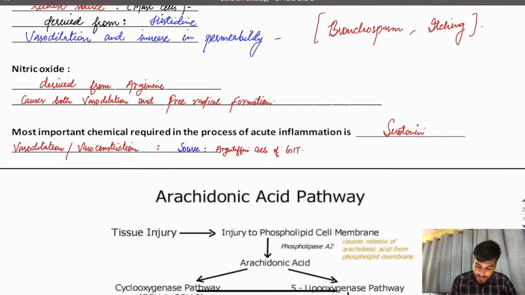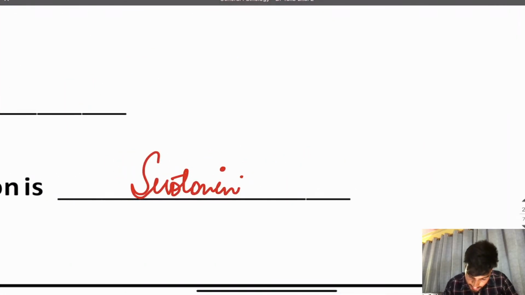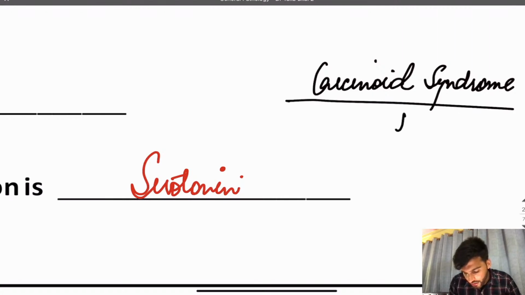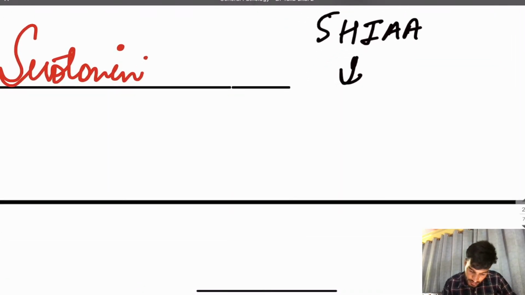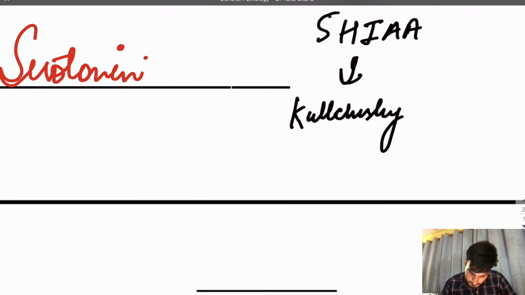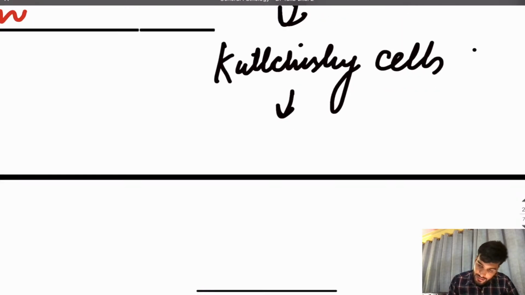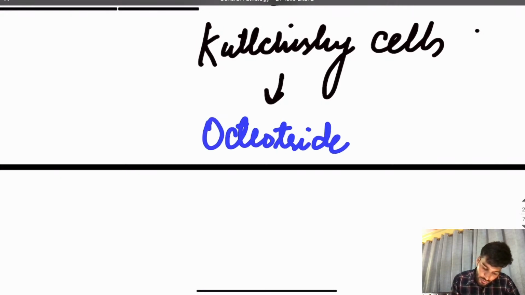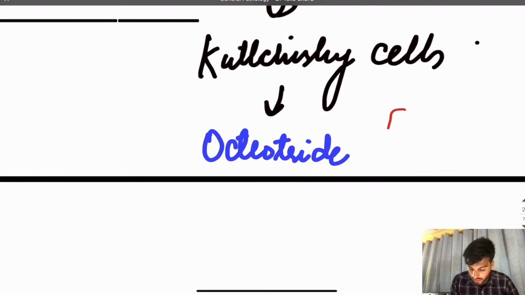There is a classical syndrome, what is its name? Carcinoid syndrome. Investigation of choice is 5-hydroxyindole acetic acid. Remember Kulchitsky cells. And the drug given in carcinoid syndrome is a somatostatin analog called octreotide.